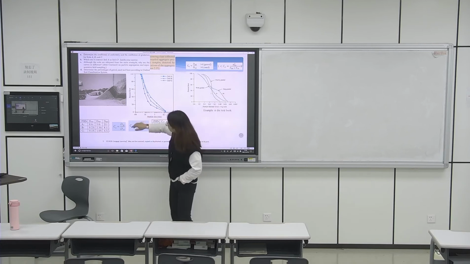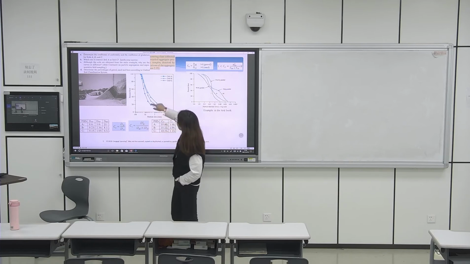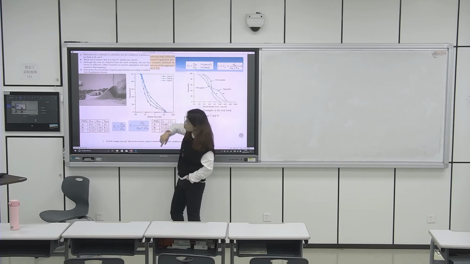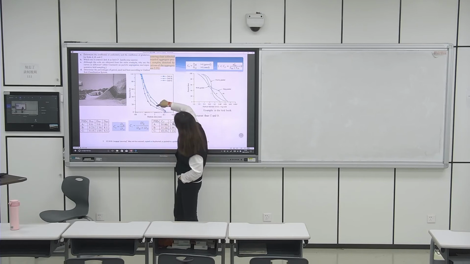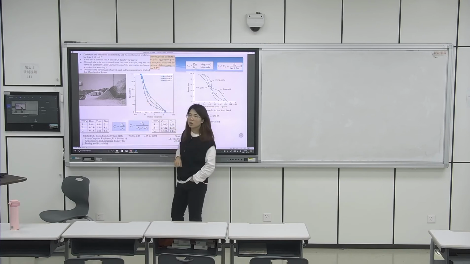Sorry, I can't find the pen. So if you find 1 millimeter in here, you will find that for the part less than 1 millimeter to this side, soil A is corresponding to no more than 20, and soil B is almost 20, and soil C is higher than 20, right?